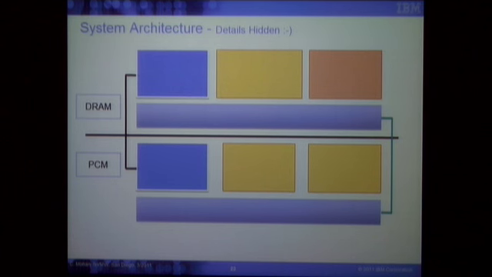But there are other data structures which will only be on PCM. So whenever we manipulate the data, for instance, we could choose to have the data only in PCM and directly manipulate it in PCM. And then there are these other data structures where we have copies both in DRAM and in PCM.